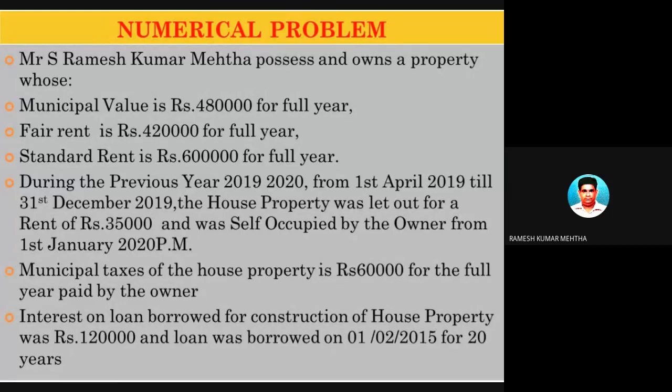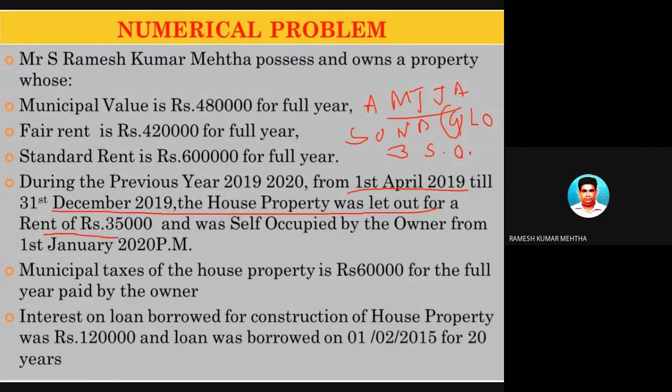During the previous year 2019-20, from 1st April 2019 till December, the house property was let out. So 9 months it is let out and 3 months it is self-occupied, and when letting out, he has let out for a rent of 35,000 per month.